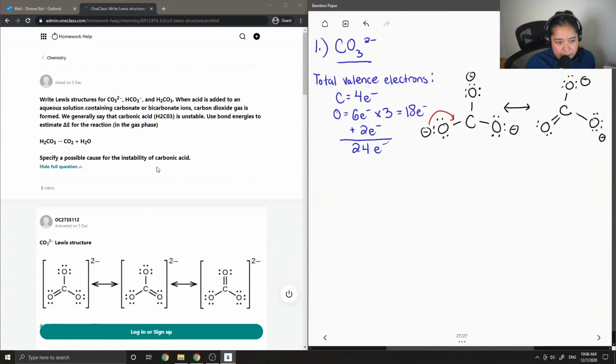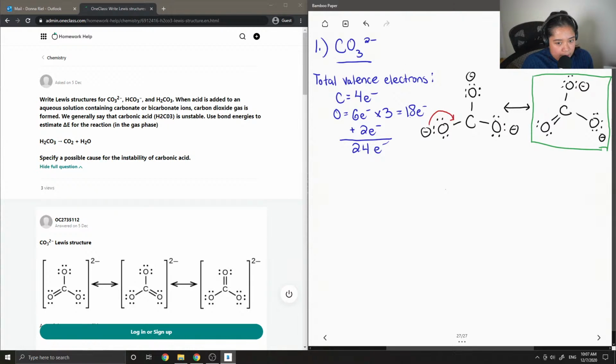Now let's double check that we have our 24 electrons: 1, 2, 3, 4, 5, 6, 7, 8, plus 8, 16, plus another 8, 24. The correct Lewis structure I will box in green for the carbonate ion.